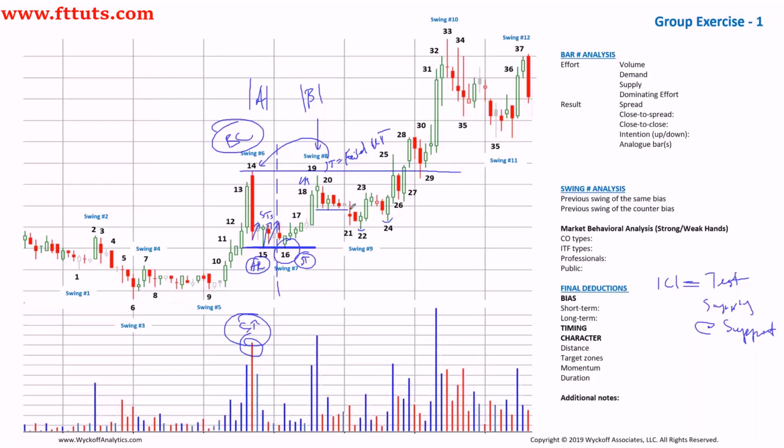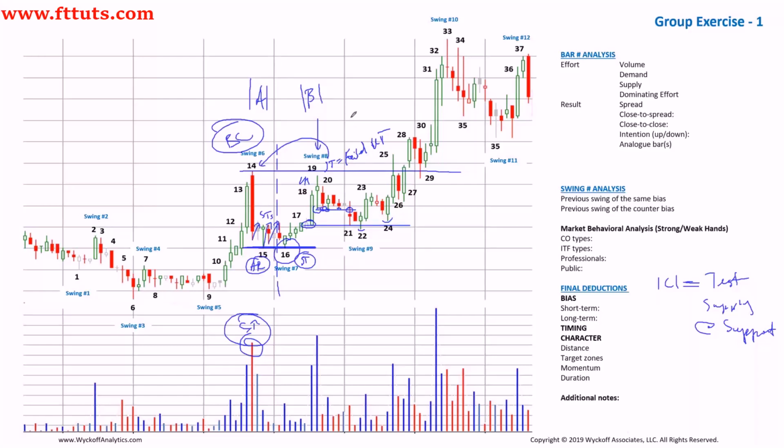So look at how we are first testing at this level the previous support, local support here. That's number one. Secondly, we're testing the support of bar number 18, which is an extremely important bar. We're going to come back to that. And bar number 21 is the first bar that has that test.